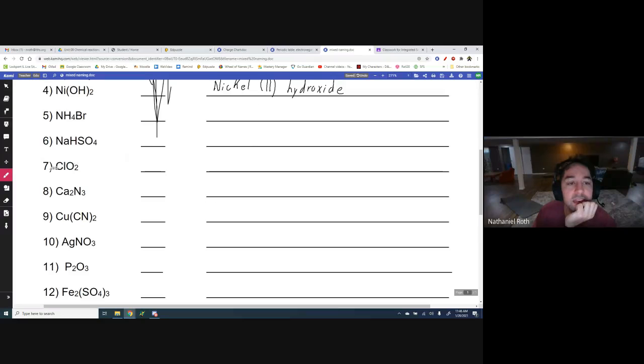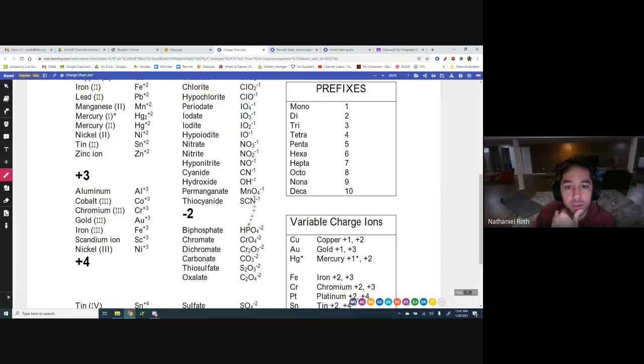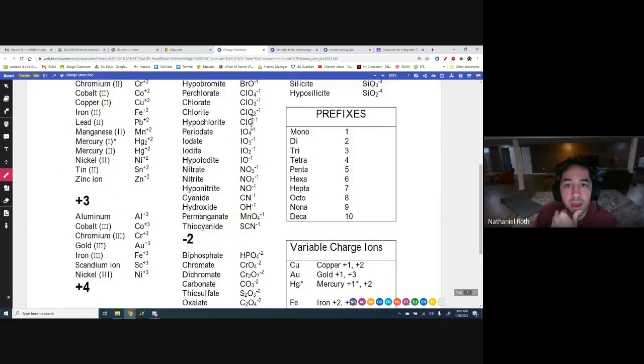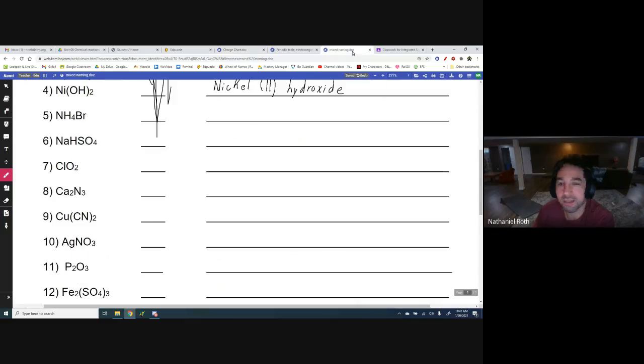Okay, we're going to skip down a little bit. We're going to go to this one right here, ClO2. Now ClO2, if you just look at it at face value, it's a pretty easy one. But the thing is, ClO2 is very similar to, where is it? There it is. This polyatomic ion. So this polyatomic ion says it's called a chlorite. So we just name this chlorite, right? Not quite, because here's the thing. This is ClO2.